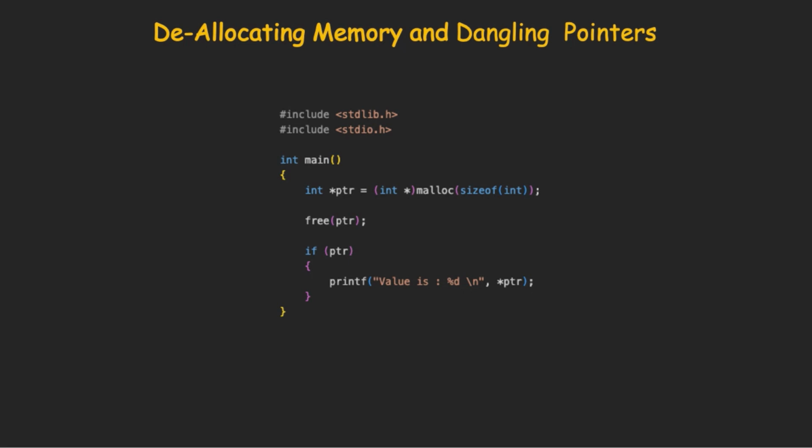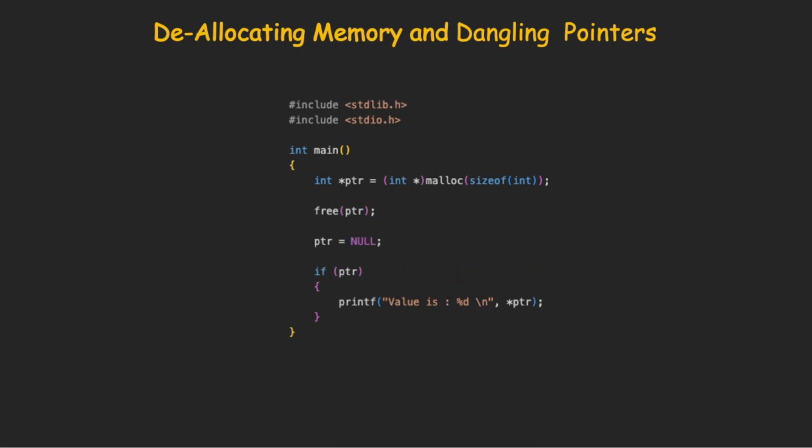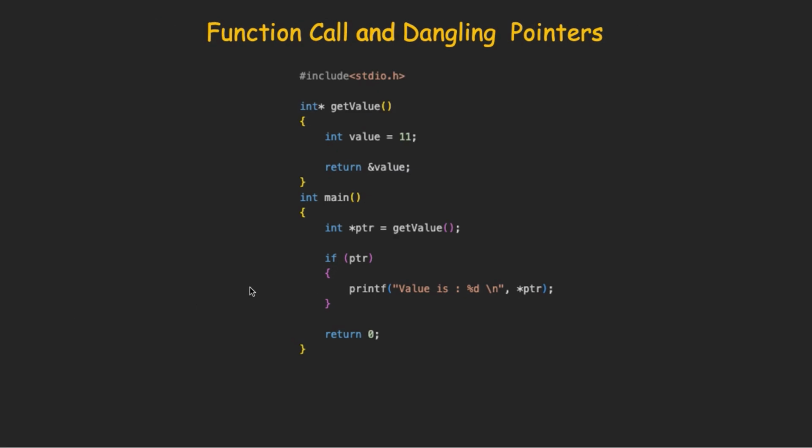First scenario occurs when we allocate memory on the heap and deallocate it without assigning null to the pointer. In this case, the pointer becomes a dangling pointer. The second scenario arises when we call a function that returns a pointer to a local variable. Once the function exits, the local variable goes out of scope, making the pointer a dangling pointer.